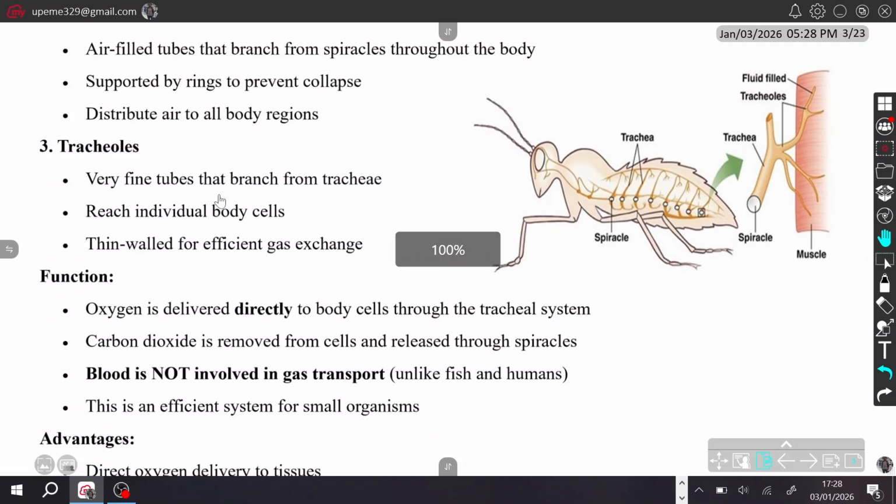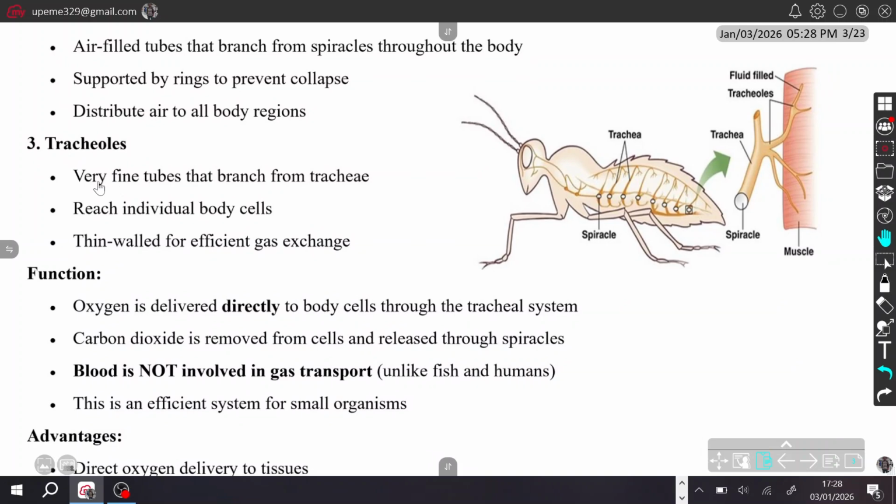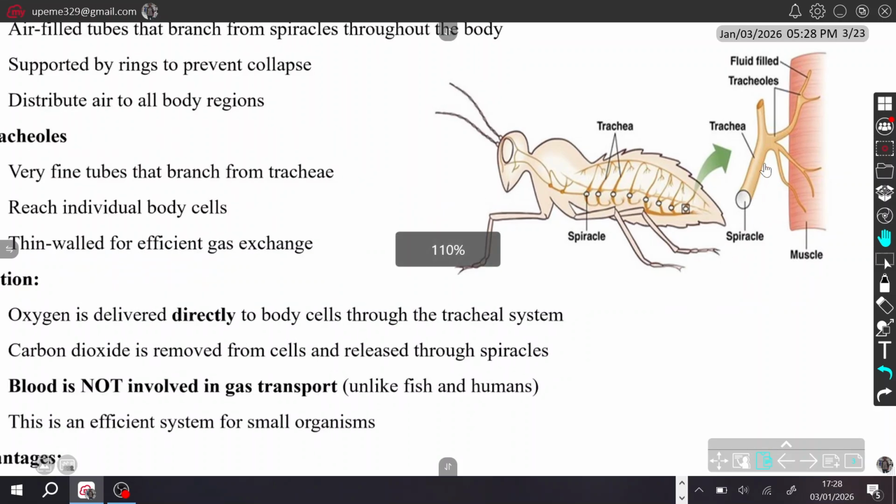Then another structure which is part of the tracheal system is the tracheoles. All right. So tracheoles, what are they? We are saying very fine tubes that branch from the trachea. In short, very small tubes that branch from the trachea. So these are tubes after the trachea.